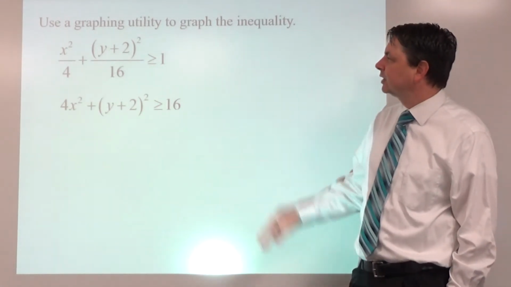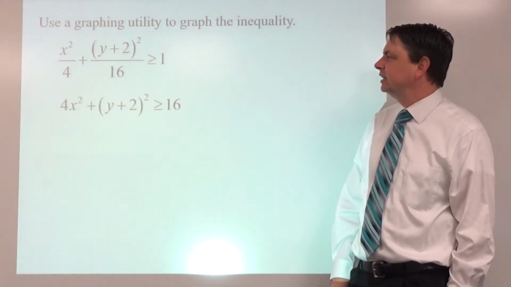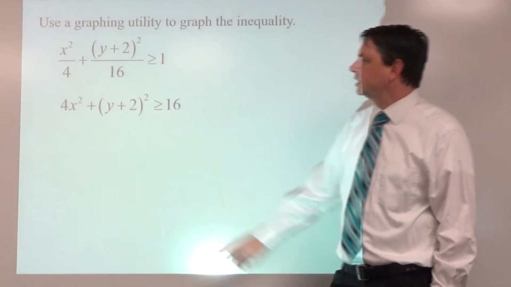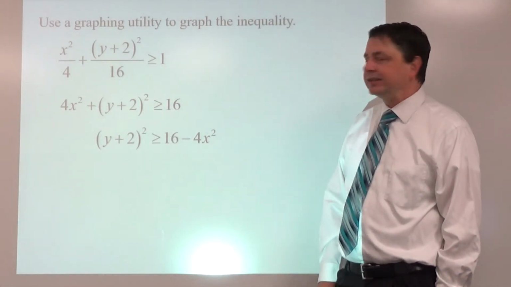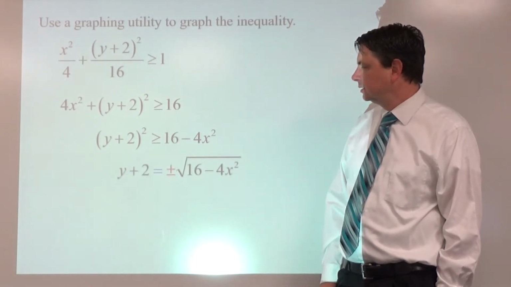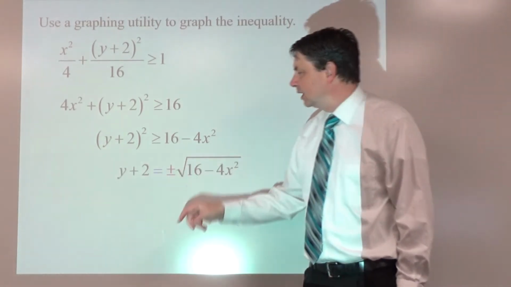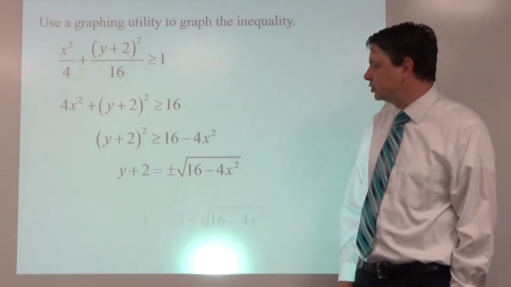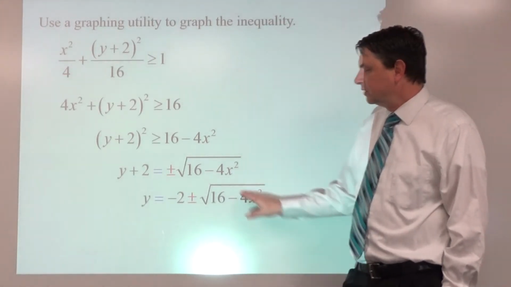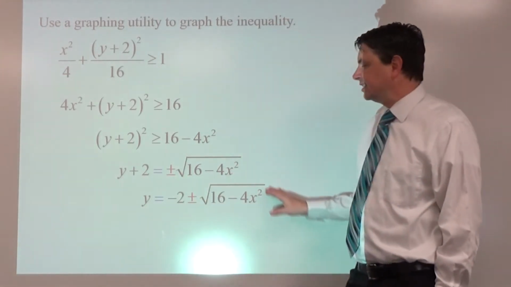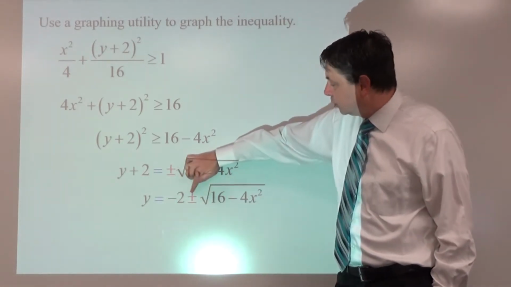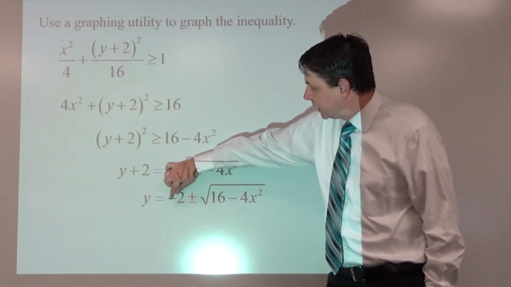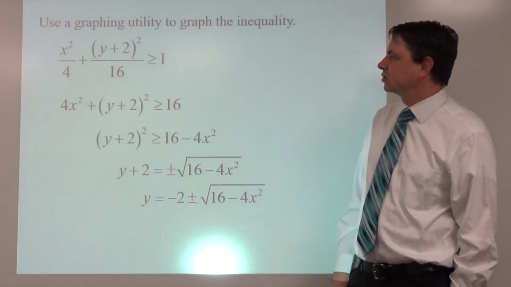Let's multiply everything by the LCD of 16. Then we could subtract the 4x squared. And then we can square root it. Remember the plus or minus, and then we can subtract the 2. So we've got two equations that we're going to input here: y equals negative 2 plus the square root, and y equals negative 2 minus the square root.